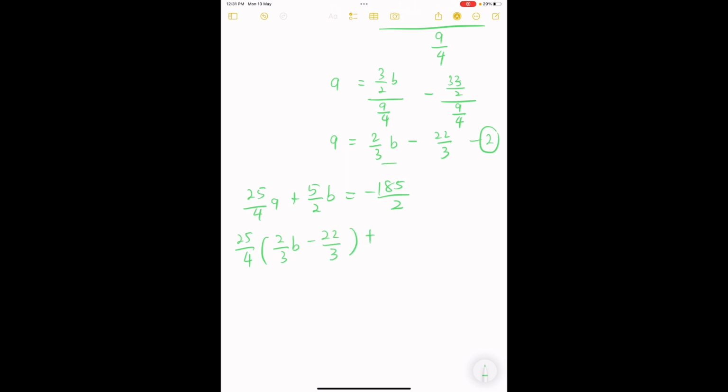Now your a is changed to this one. Okay, I already changed my a here. Then you expand the bracket. It will give you 25 over 6b minus 275 over 6, plus, copy back, 5 over 2b equal to minus 185 over 2.